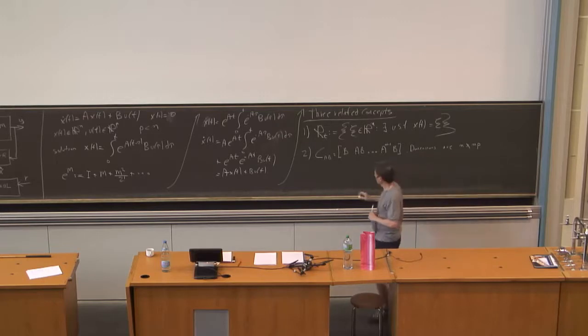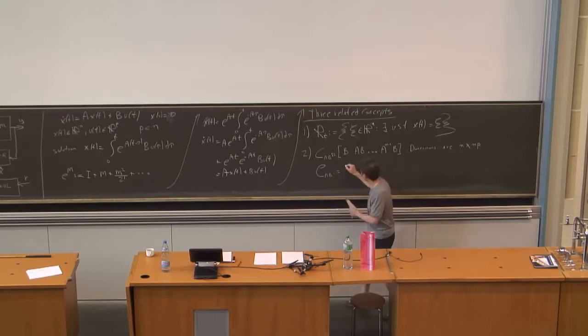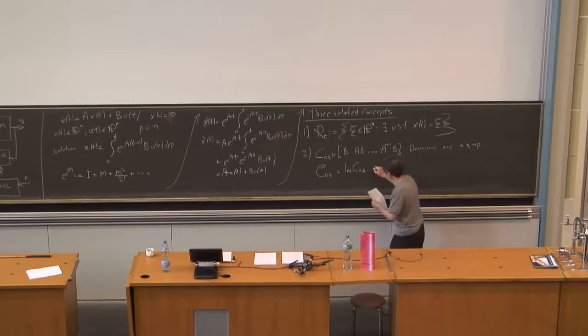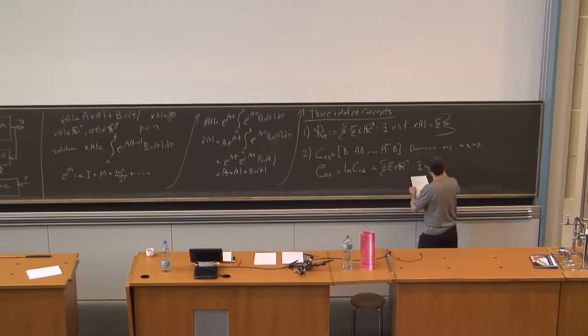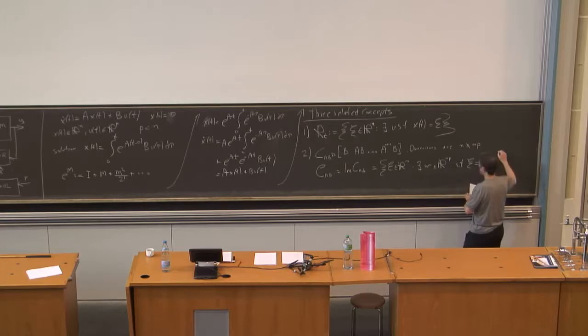Once I have this matrix, I can define the controllability subspace, C_AB. So this is a definition. The controllability subspace is nothing but the image of C_AB, which is equal to the set of all xi in R^n for which there exists a w in R^(np) such that xi is equal to C_AB w.